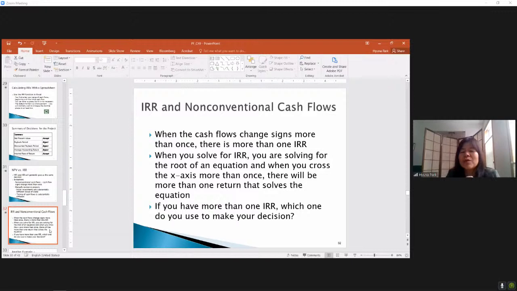When you solve for IRR, you're solving for the root of an equation, and that crosses the x-axis more than once. So we have two IRRs. So which one should we use? That's why IRR gives a very confusing picture when there is a non-conventional cash flow changing signs more than once.